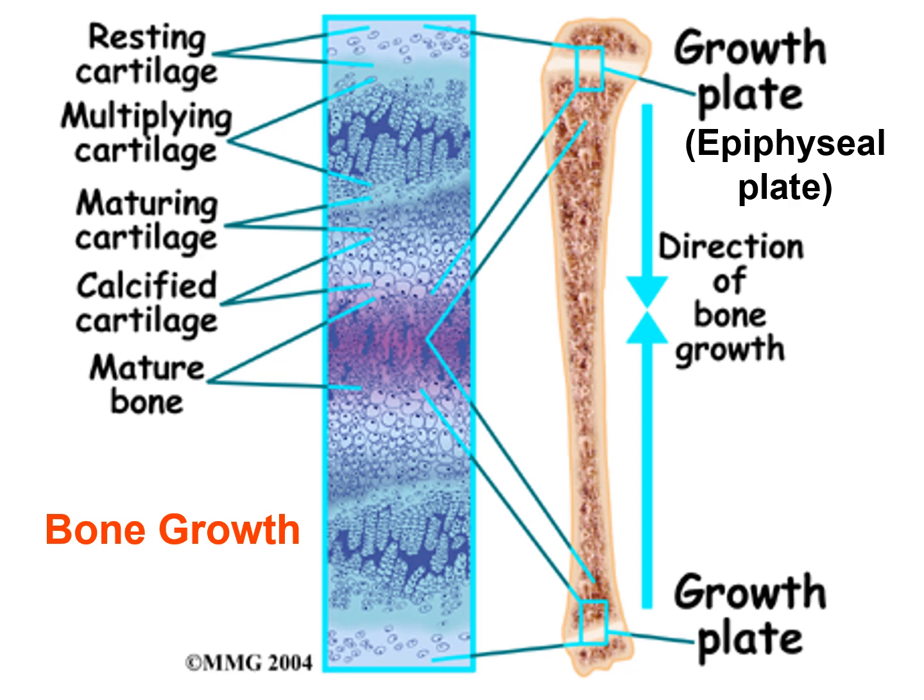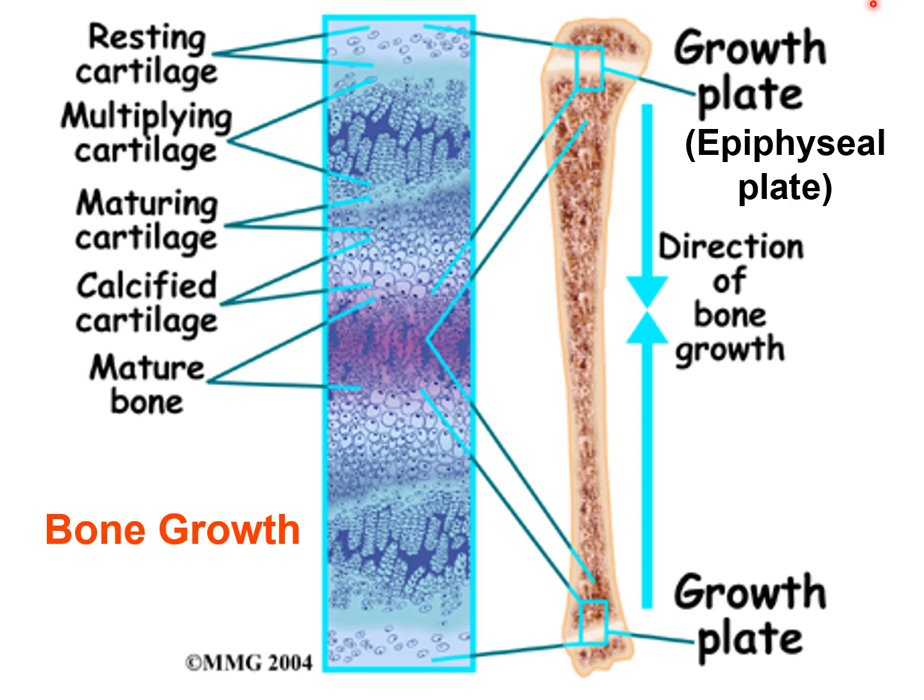Okay, and then just a reminder of how growth hormone works on the bones. Growth hormone will stimulate the growth plates, the epiphyseal plates here on the ends of the bones.